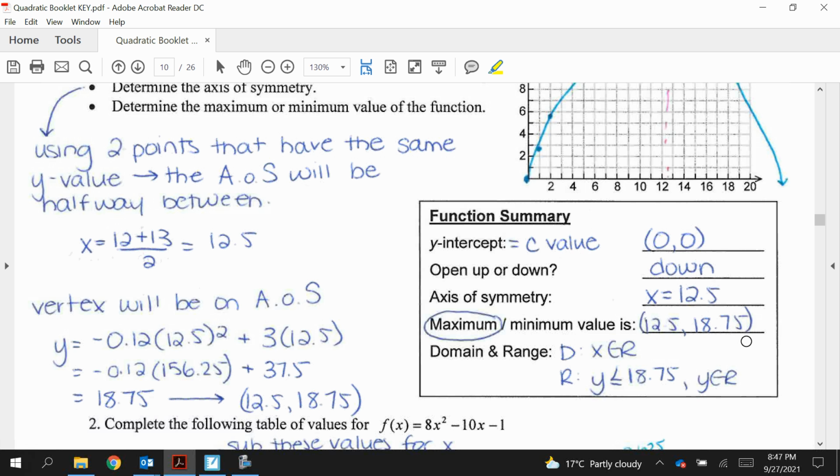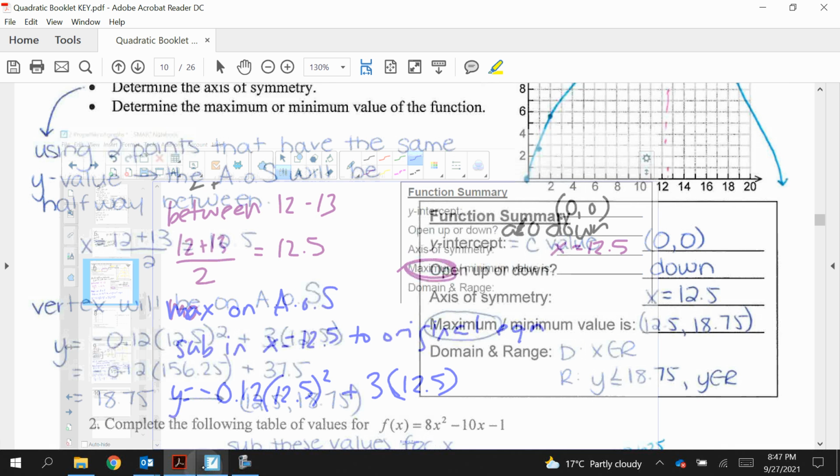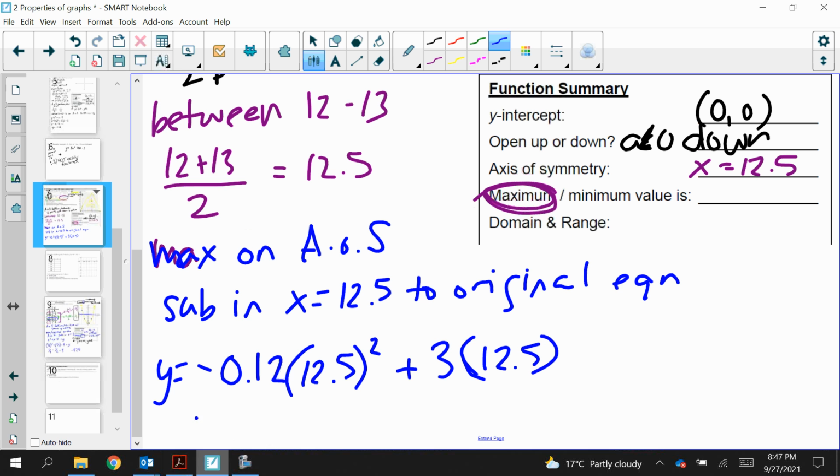So our maximum is at (12.5, 18.75). And our domain and range, again, looking at the graph, it has a maximum. Our domain, you can see we're getting pretty repetitive here until we get into word questions, word equations.